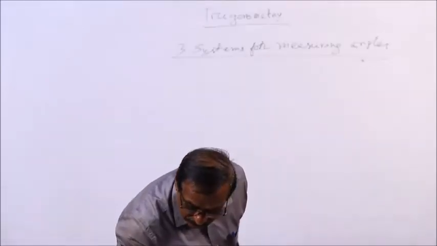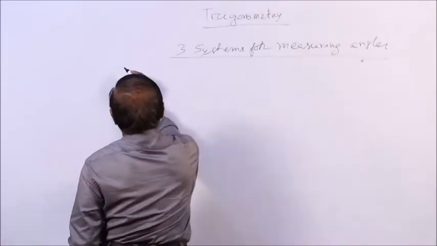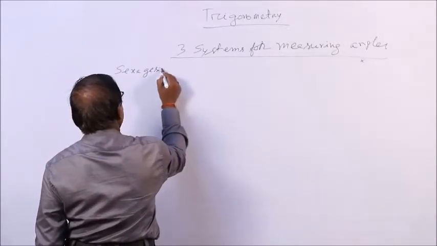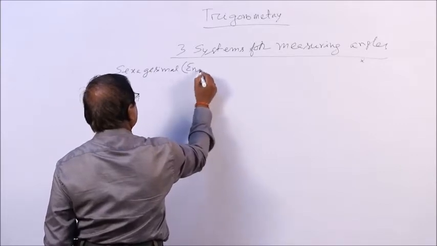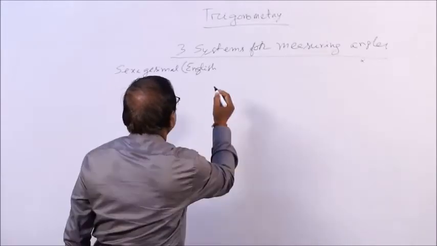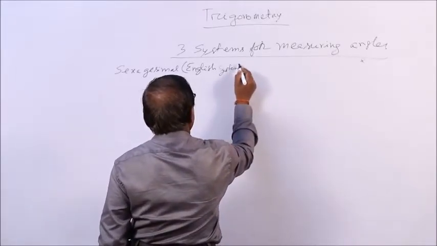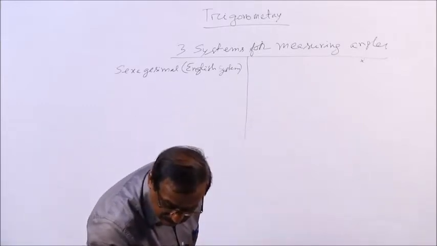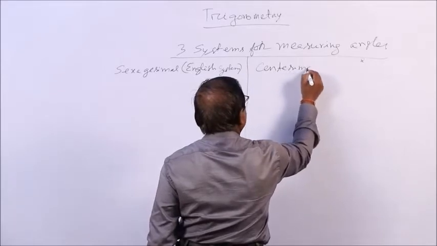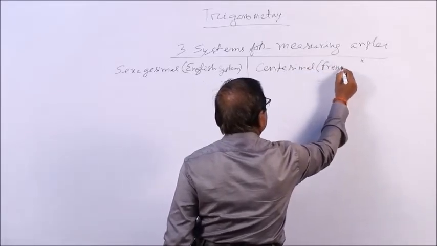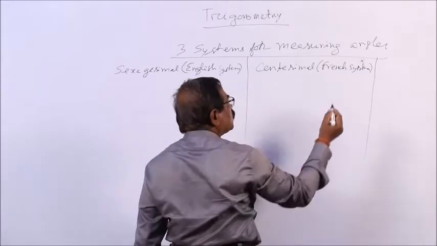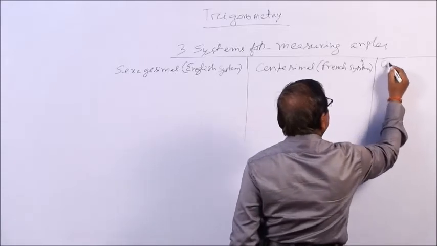One is sexagesimal, that is the English system. One is centesimal, that is the French system, and the last one is the circular system.